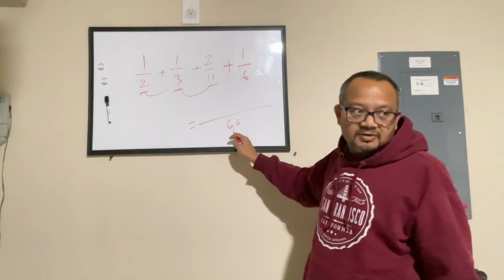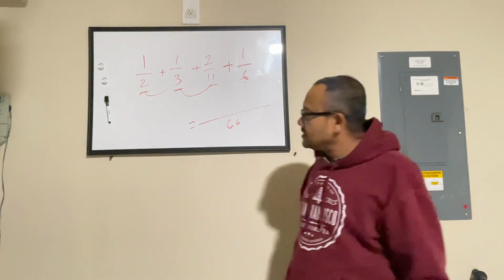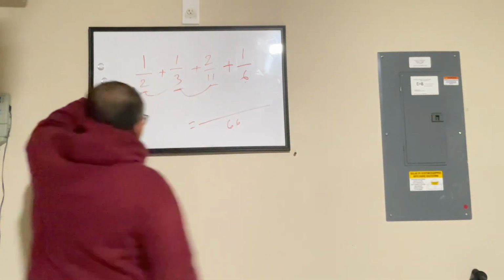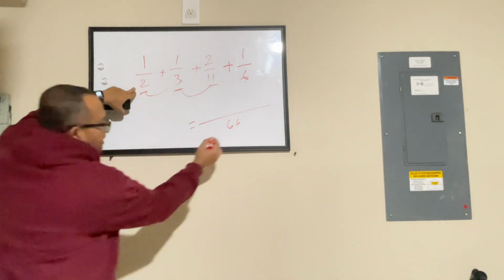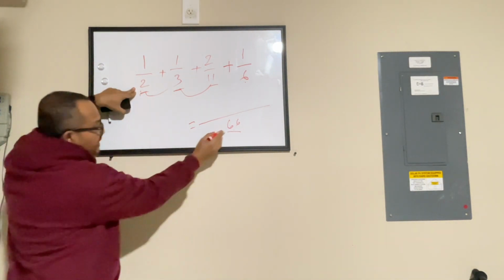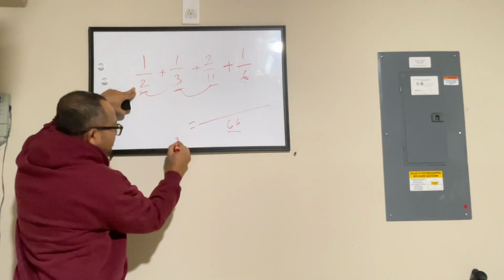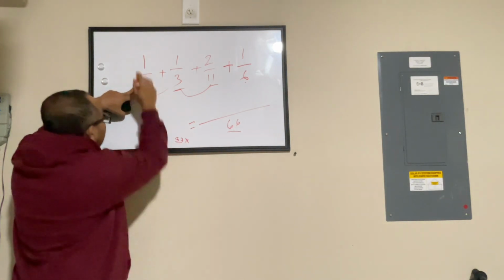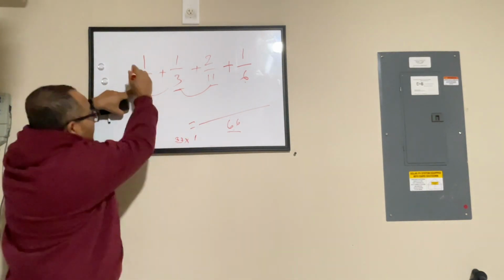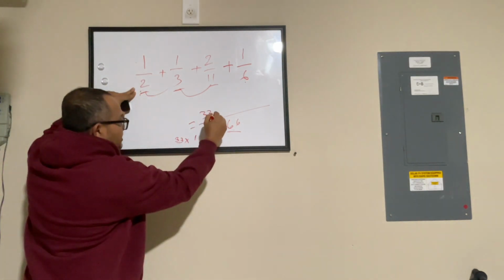So 33 times 2 equals 66. So you times the numerator 33 times. What happens is, you divide 66 by the first denominator, 2, that makes it 33. And you multiply that with whatever you have in the numerator. So the first one becomes 33.